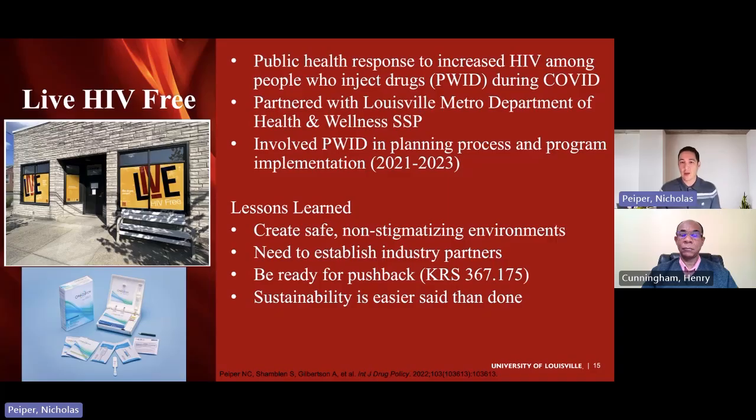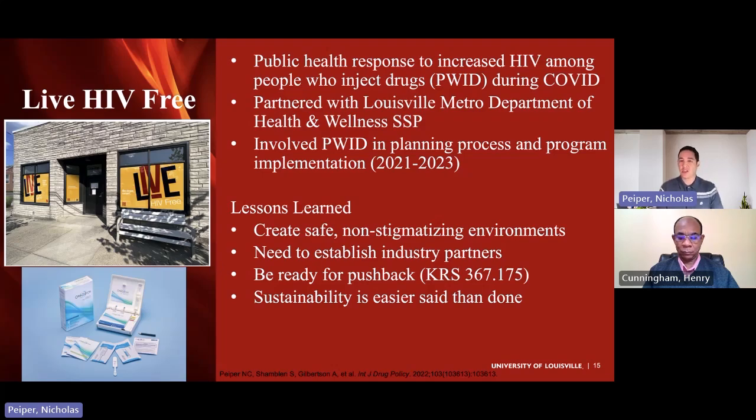We wanted to create a safe, non-stigmatizing environment for this population to convene with us and just talk through what they're experiencing, what they're seeing on the streets, and present something like HIV self-testing to them, and really just asking them the best way to roll it out.